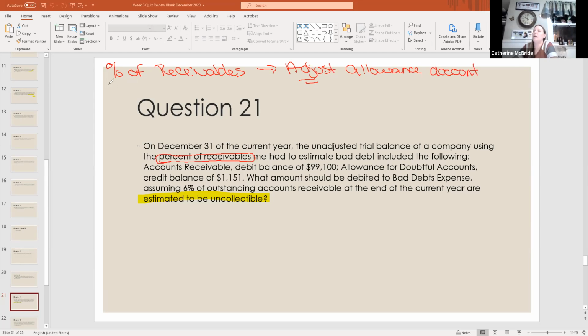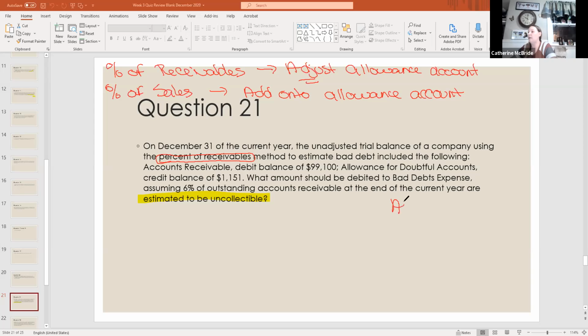If it's the percent of sales, then you're just going to add onto the allowance account. Now this one is the percent of receivables, so we know we're going to adjust the allowance account.